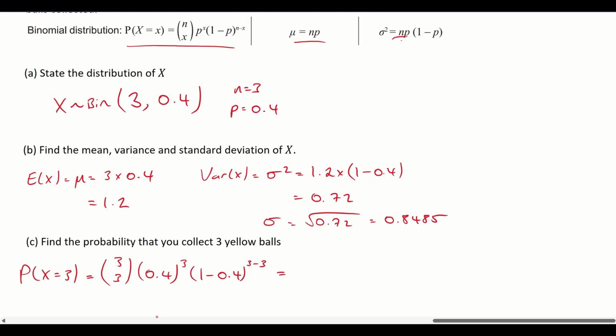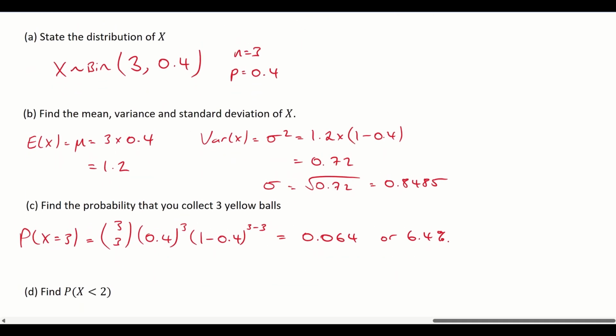And if you put all of this into a calculator, you just end up with 0.064, or just 6.4%. So quite a small probability that you manage to get exactly 3 yellow balls.